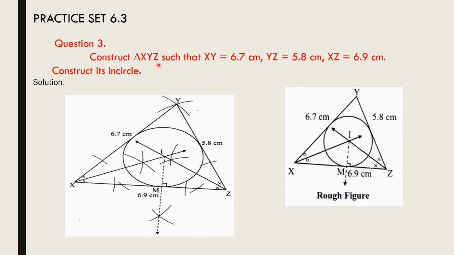First construct triangle XYZ of the given measurements and draw the bisectors of angle X and angle Z. After that, let these bisectors intersect at the point I and draw a perpendicular IM on the side XZ.